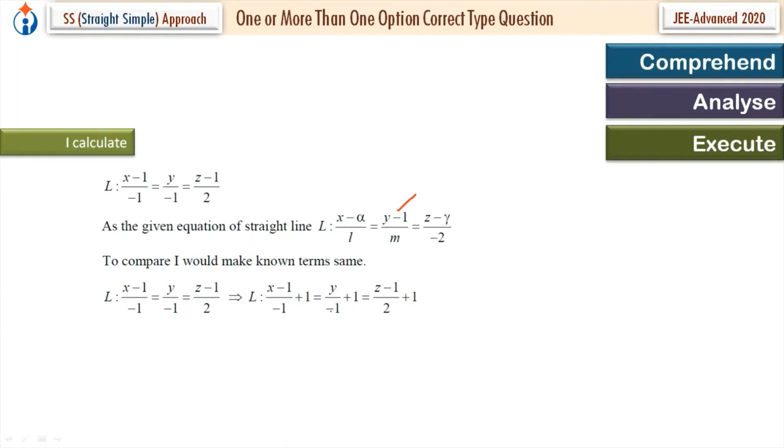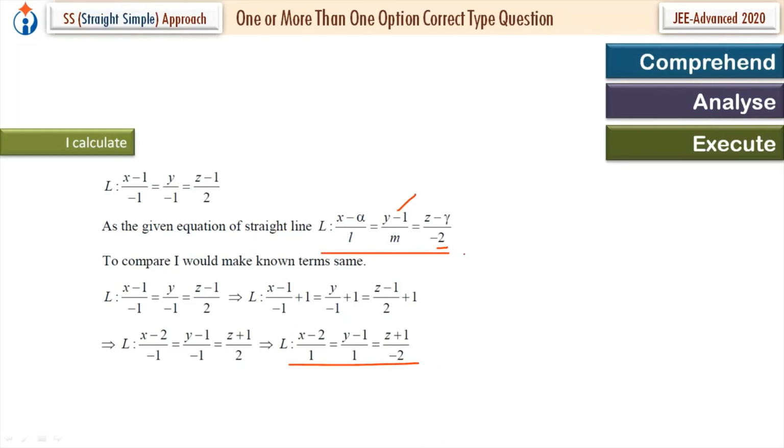So I just add 1 in each term. So I got y minus 1 here. And the other known term is minus 2 here. Here it is 2. So let's multiply by minus 1 in each part. So we got this. Now we have this and we have this. Now we can compare. On comparing, we get alpha is equal to 2, gamma is equal to minus 1, L is equal to 1, and M is equal to 1.